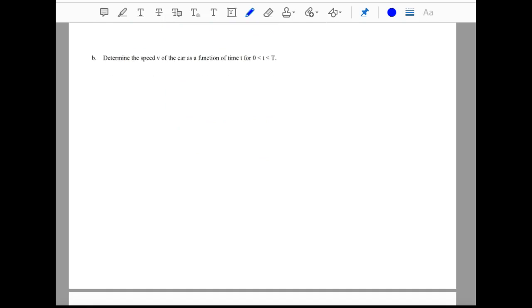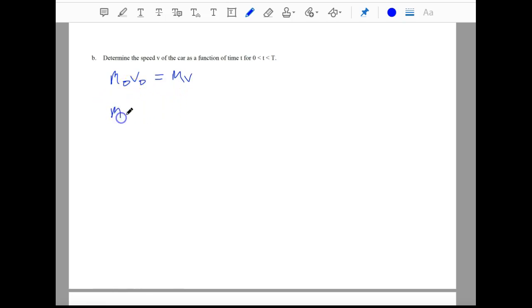Next part says determine the speed v of the car as a function of time, for 0 less than t less than capital T. So we know that the original mass times that original velocity of the car is equal to the final mass of the entire thing times the final velocity of the entire thing.